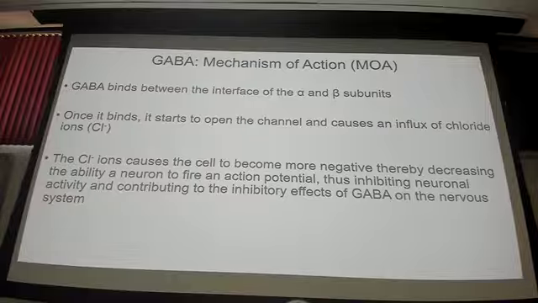As I mentioned before, these receptor systems cause hyperpolarization, and they're the major receptor system involved in the inhibitory response of the central nervous system. All right, any questions about the receptor systems?